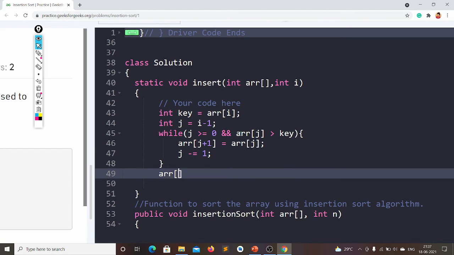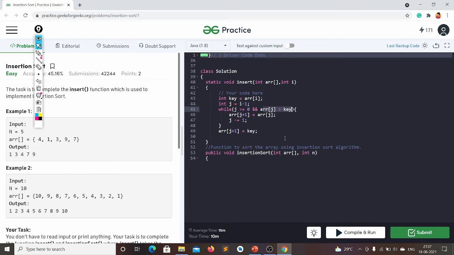And at the last, at the place of array of j plus 1, I am inserting my key. So whenever this condition becomes false, it comes out of the while loop, and I will set array of j plus 1 equal to key.